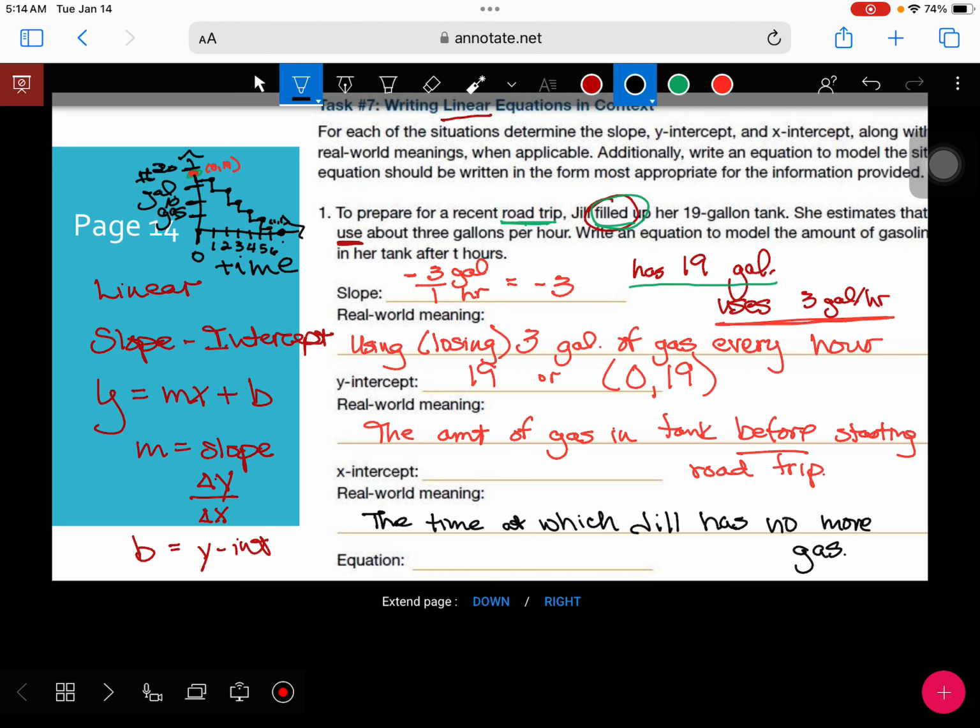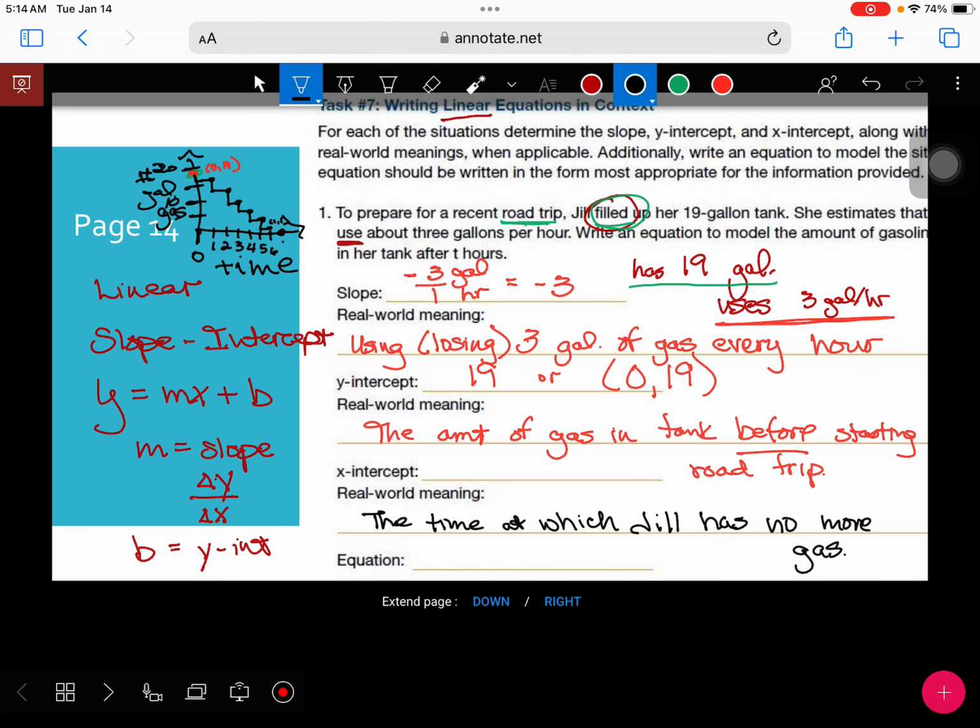Okay, let me refer to my handy little cheat sheet here and see what it says.